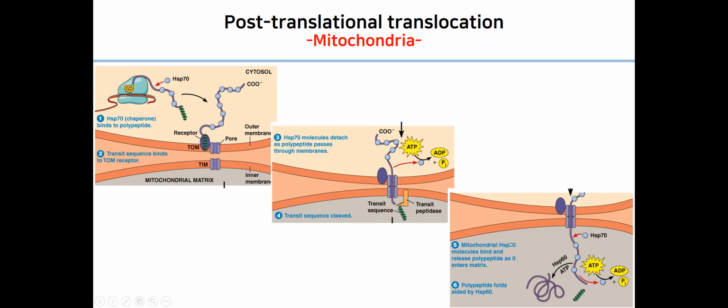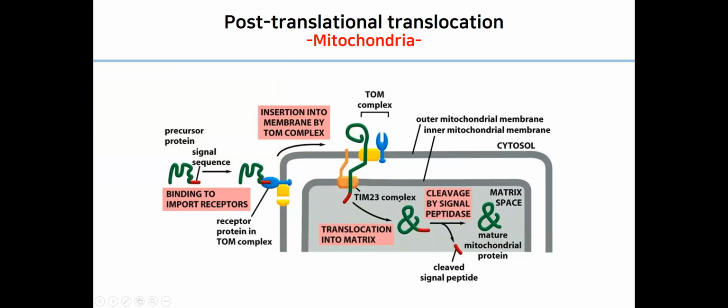After that, mitochondrial HSP70 molecules rebind and release the polypeptide as it enters the mitochondrial matrix. And then, with the help of the chaperones, the polypeptide folds, using ATP again. This is another picture to describe the same mechanism.